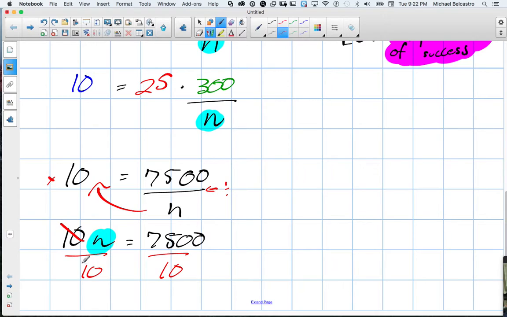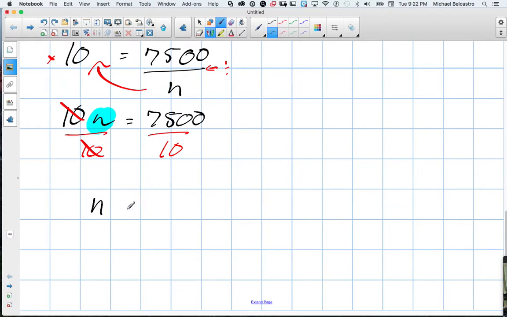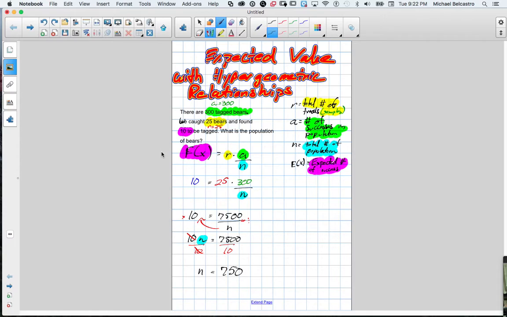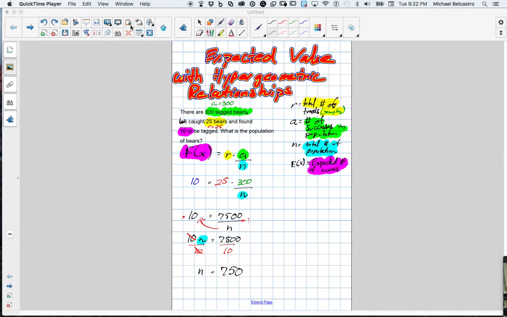That will eliminate or create a 1 on the left side. So we're left with N is equal to 750. So our total population of bears should be 750, out of the total of 300 that we found tagged and the 10 that we found in our samples to be tagged.